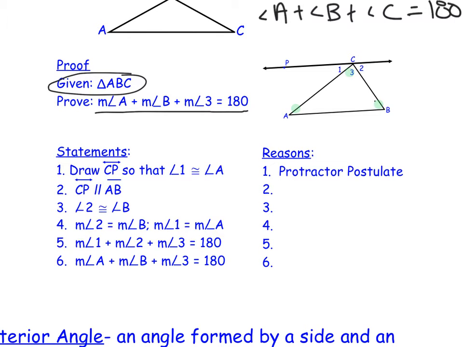So we are going to say that CP is parallel to AB. CP is that line above on top, and AB is the line at the bottom of the triangle. They are going to be parallel, and the reasoning for that is going to be converse of alternate interior angles.